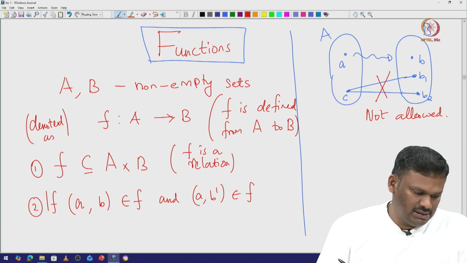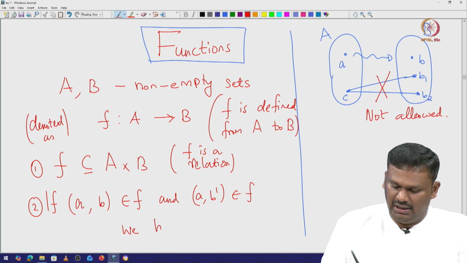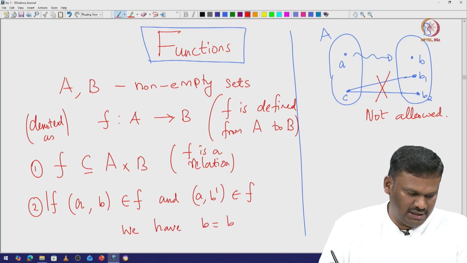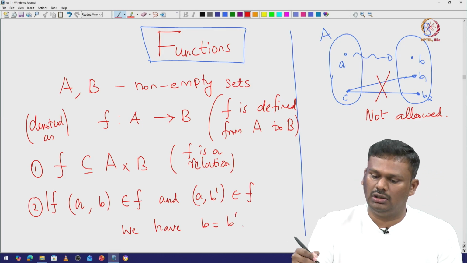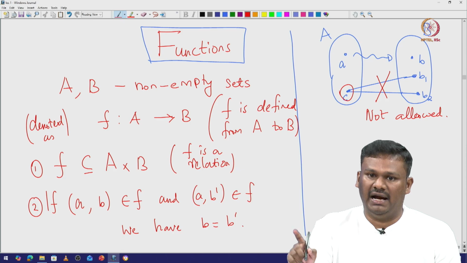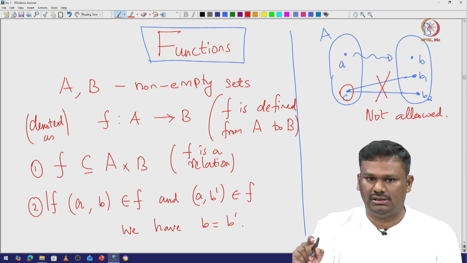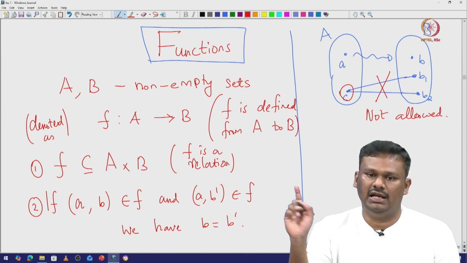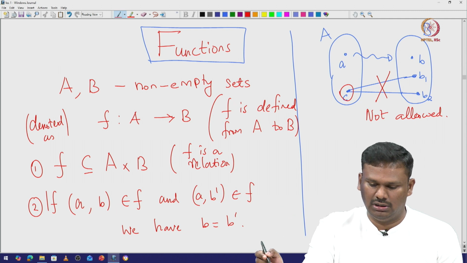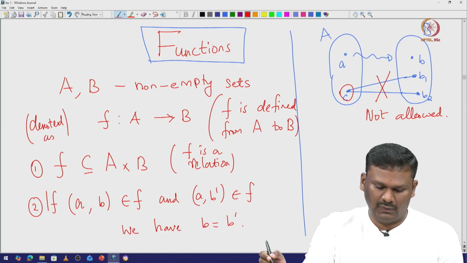If this actually happens, then we must have b equal to b'. So, that is the definition. We do not want one element mapped to two different elements. We want one element to be mapped at most to one element in the image. That is what we demand.